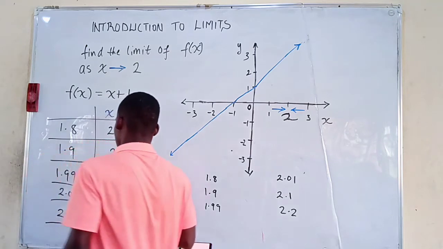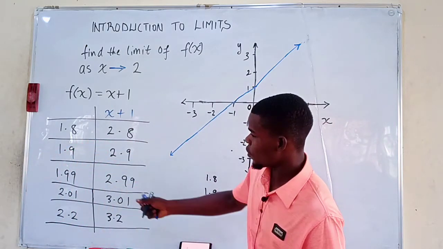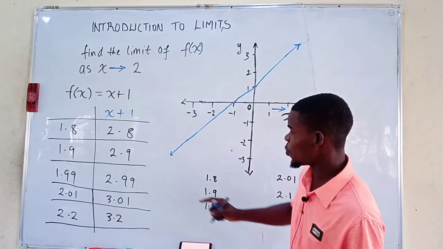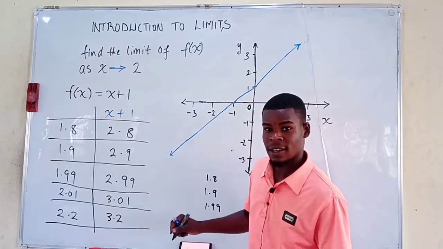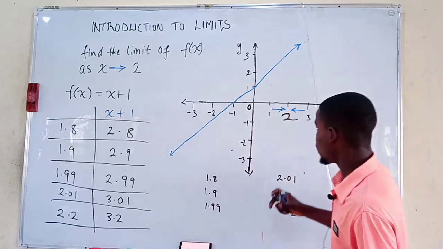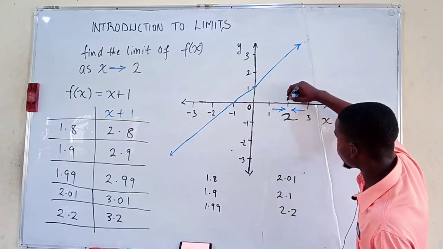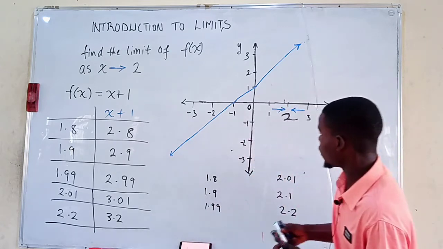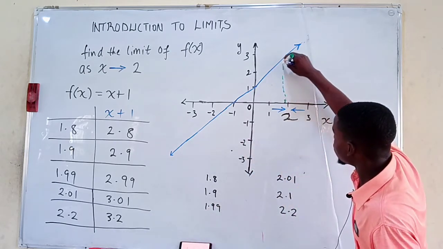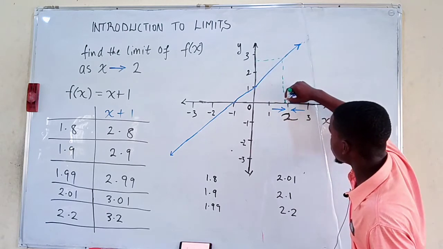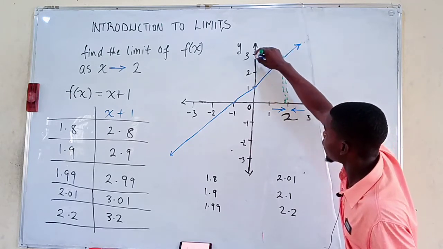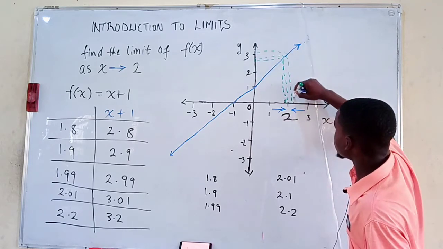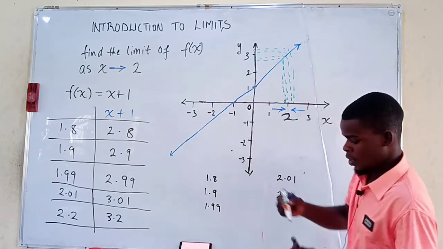Now you notice, as our input gets closer to 2, the output gets closer to 3.